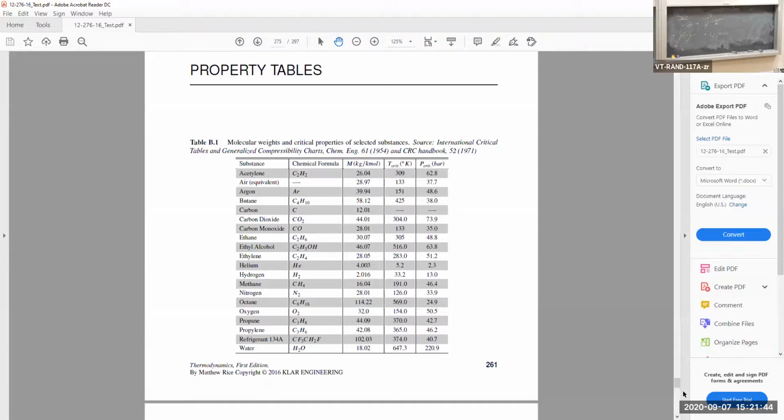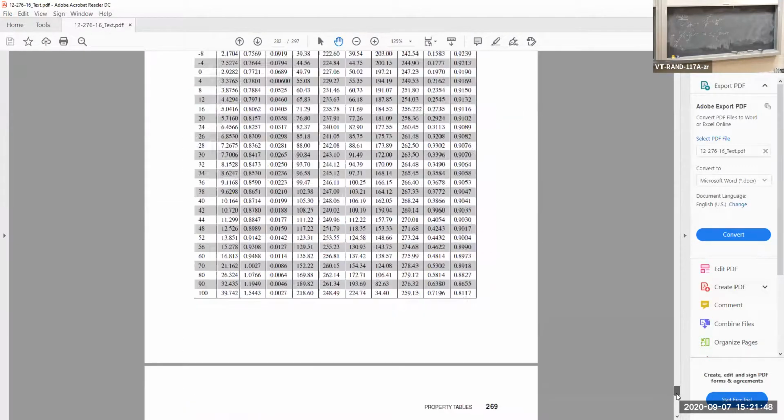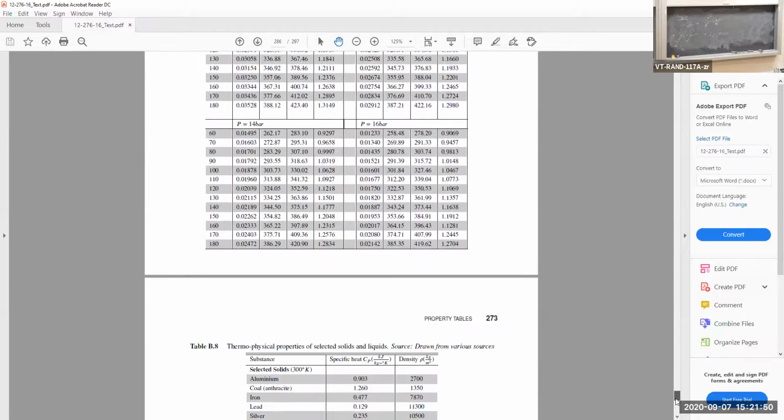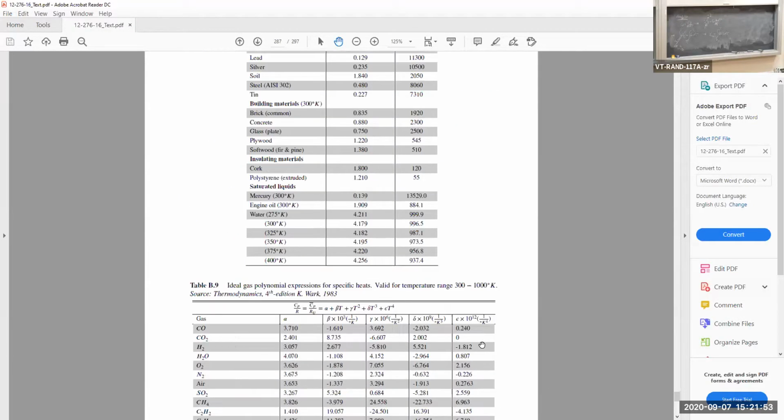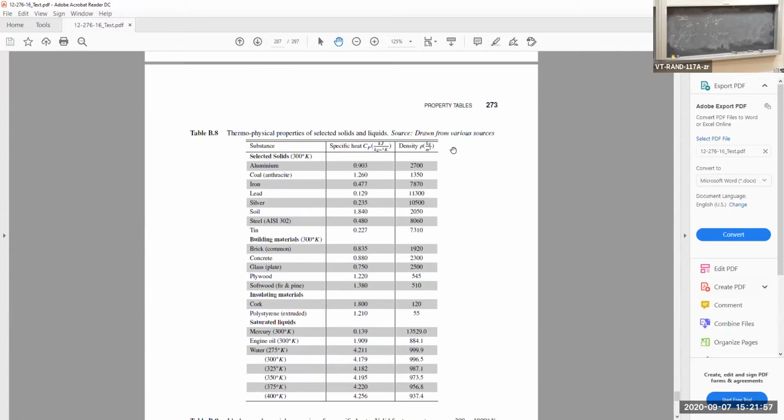Let's go back to the appendix and see if we can find a table of specific heats. Table B8. Here are specific heats for solids and liquids. Remember, CP and CV are the same for solids and liquids, in other words, incompressibles. They vary with temperature.